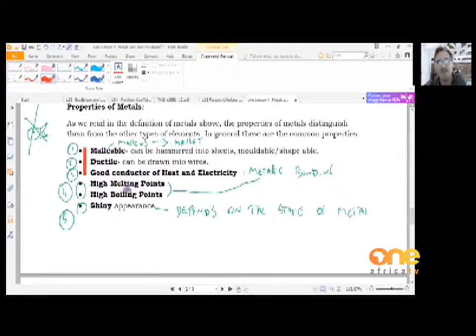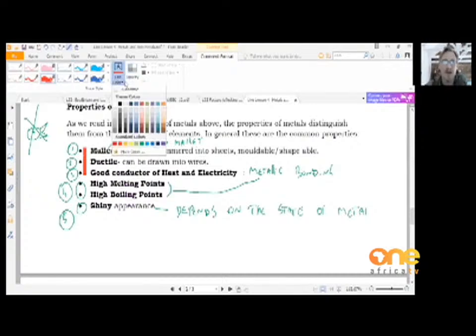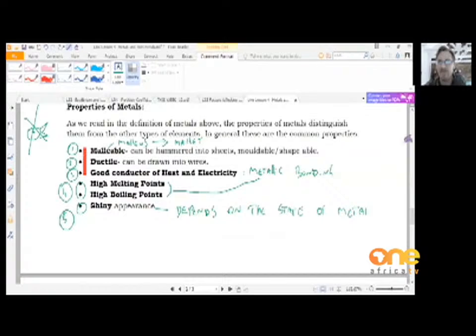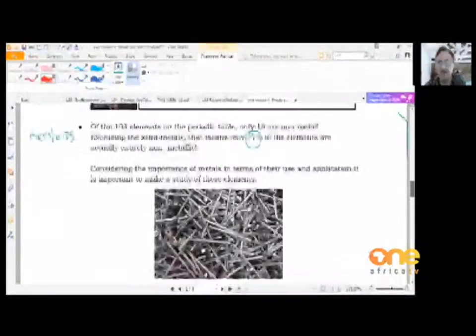Some of the metals do not actually have high melting and high boiling points. If you consider group 1 metals, and let's just go back to remind you what I'm talking about.